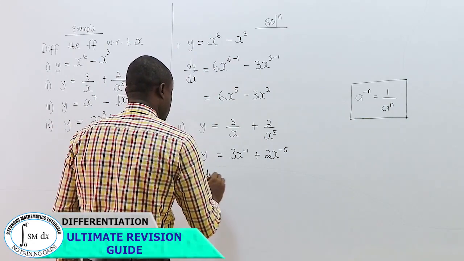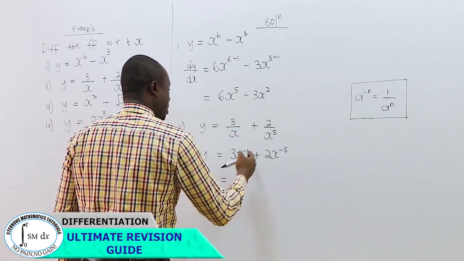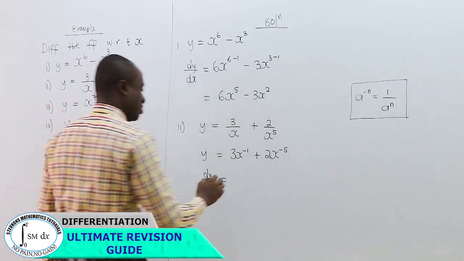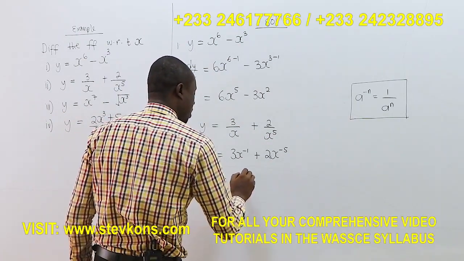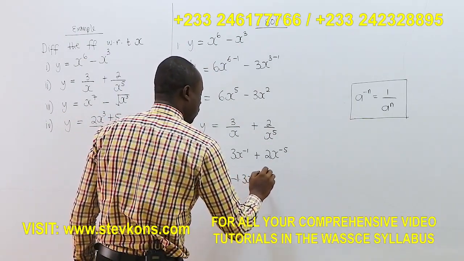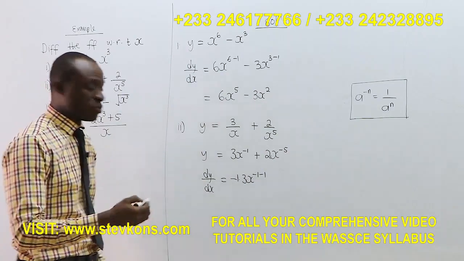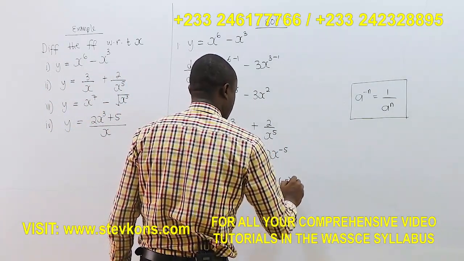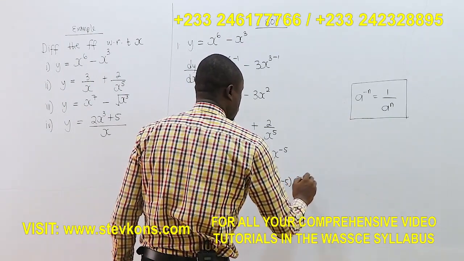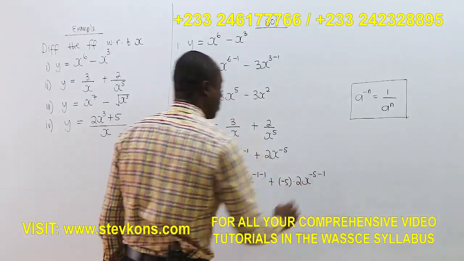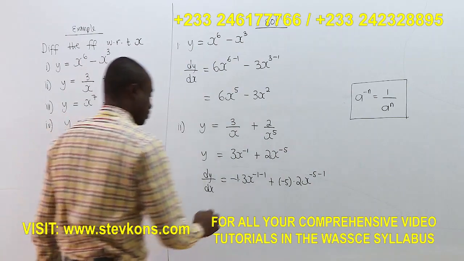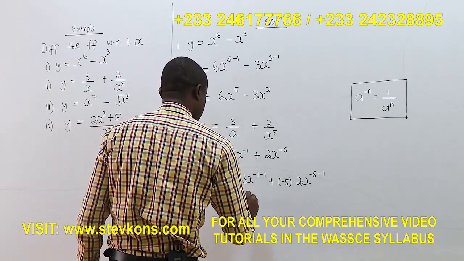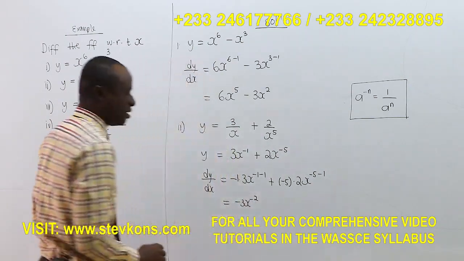Now, when you differentiate, dy/dx, our n has to come down. So that's negative 1 coming down times 3x^(-1-1). The rule says subtract 1 from it. Let the n come down. So we have negative 5 multiplying 2x^(-5-1). And clearly this is giving us negative 3x to the power negative 2.